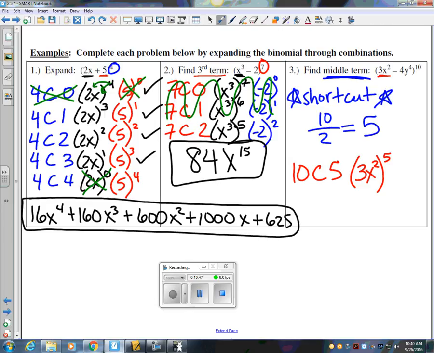The exponent's automatically going to be a 5 because we're going straight to the middle. We're doing the shortcut to the middle. What do you think goes in the second parenthesis? -4y to the 4th. And its exponent is also going to be a 5. That's why I said this one has a shortcut. So these will match on the middle term one. Only when it asks for the middle term, those will match.